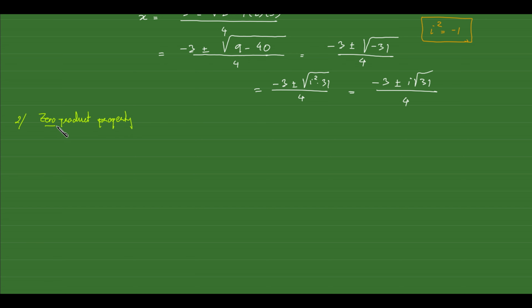In order to use the zero product property, your quadratic equation must be in factoring form.